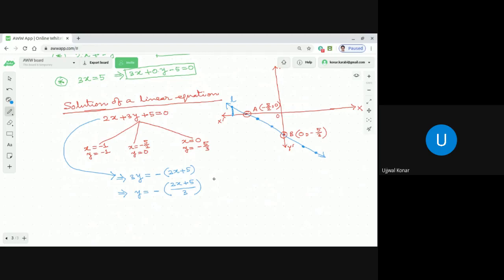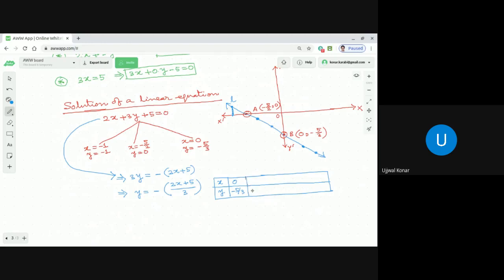So for example, if I make it in a tabular form, something like this, here it is x and here it is y. I apply the value of x equal to 0, I get the value of y is equal to minus 5 by 3.